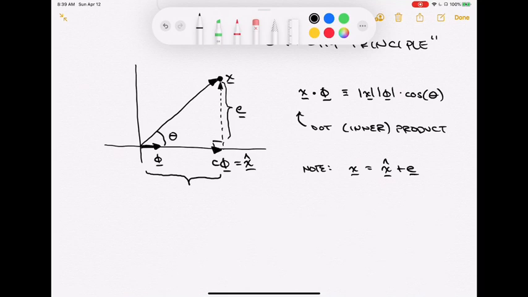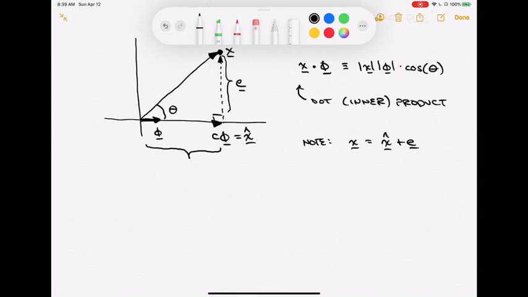So we know from trigonometry that the length of X cosine of theta is going to be equal to C length of phi, something along those lines. So C phi, that's this piece. That guy's length, where C is a positive real constant, is just going to be C absolute phi, which is equal to the length of the projection of X into the same place. Well, that's just X cosine theta. We know that from trigonometry.